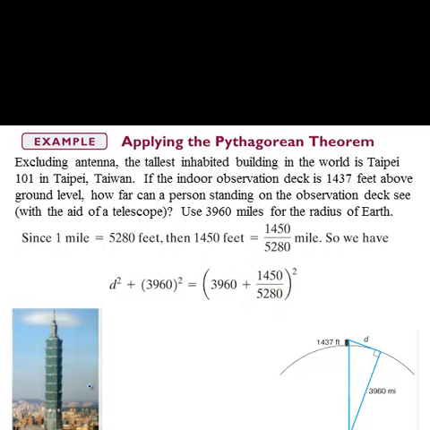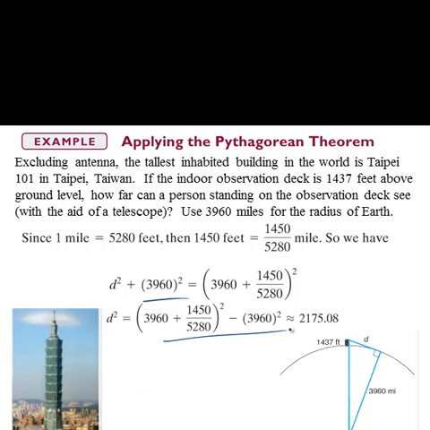Now, we have this equation, solve for d. Basically, subtract the 3,960 squared from both sides, and then take square roots of both sides. So that's what we're doing here. Then take the square root of the result of this squared minus this squared.